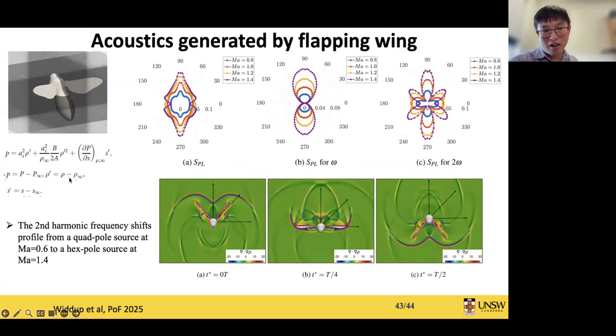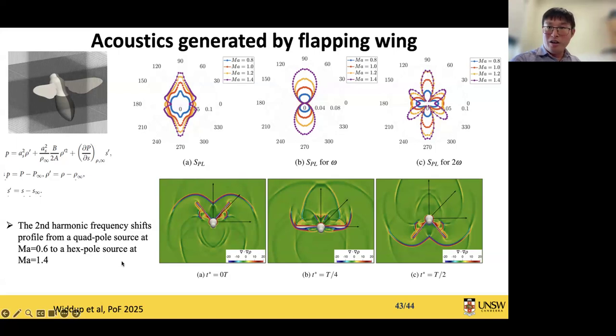The conclusion is that the second harmonic frequency shifts the profile from a quadrupole source at low Mach number, like Mach number equals 0.6, to a hexapole sound source, like Mach number 1.4. That's our latest outcome, just published, I think, last month.